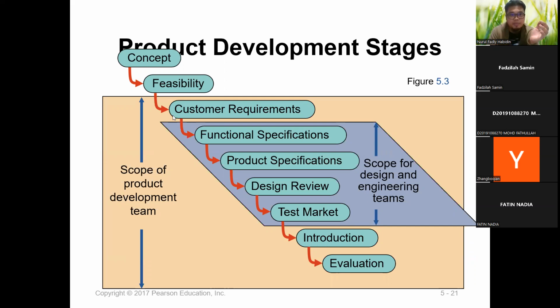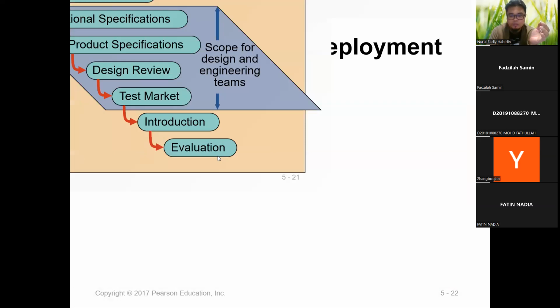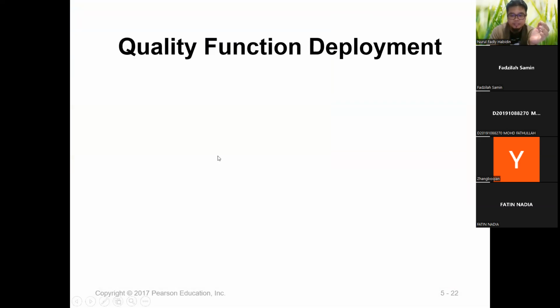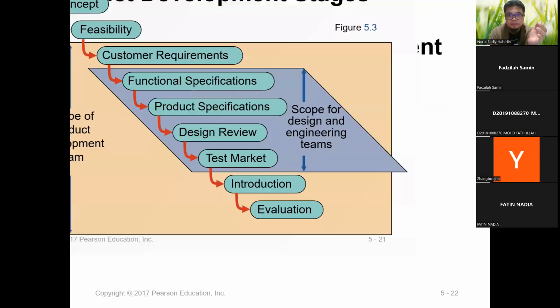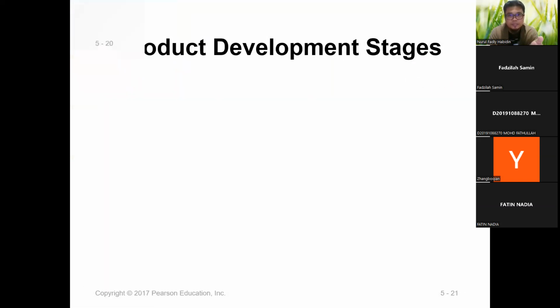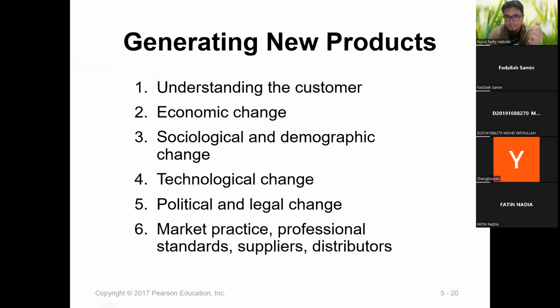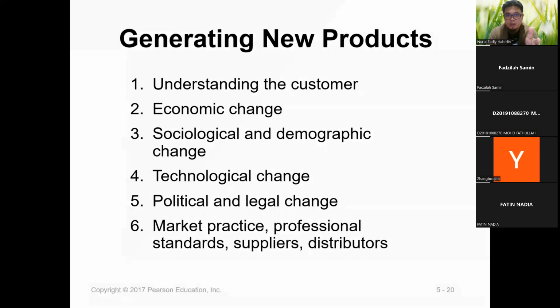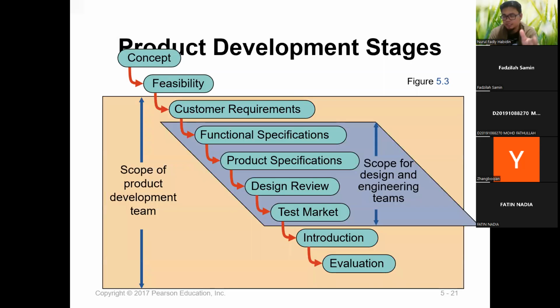Please remember from our previous discussion that we should know the customer, economic, social, demography, technology, political, and market segmentation. All these methods, in order to generate new product, are also really important at this stage.